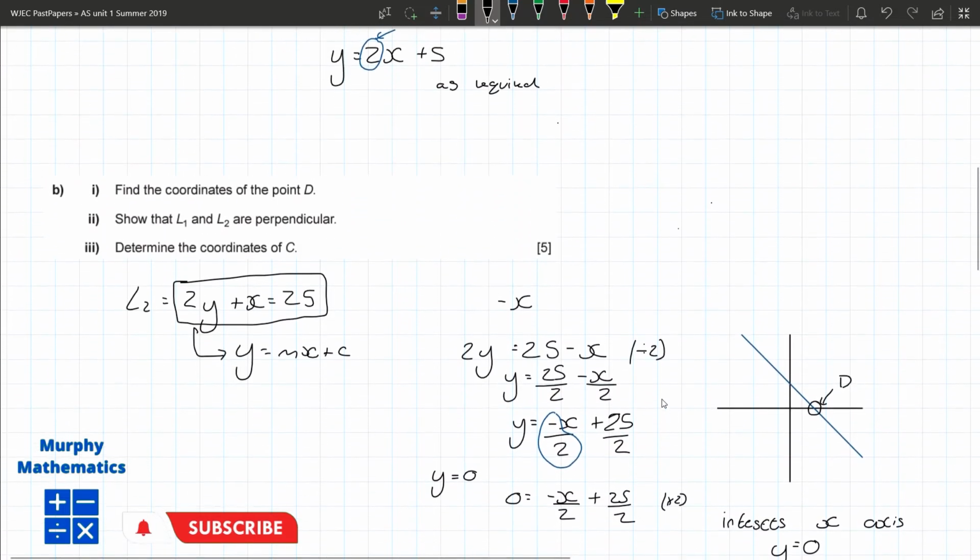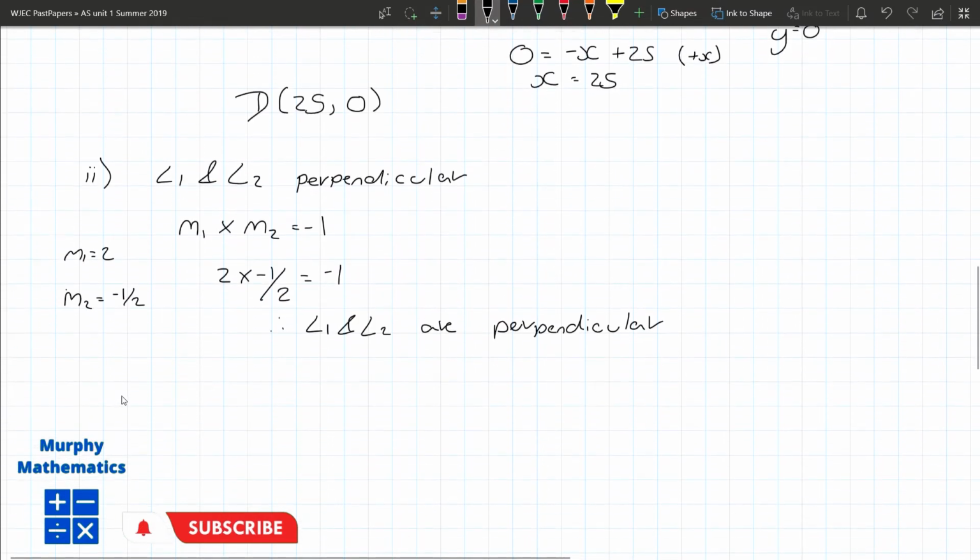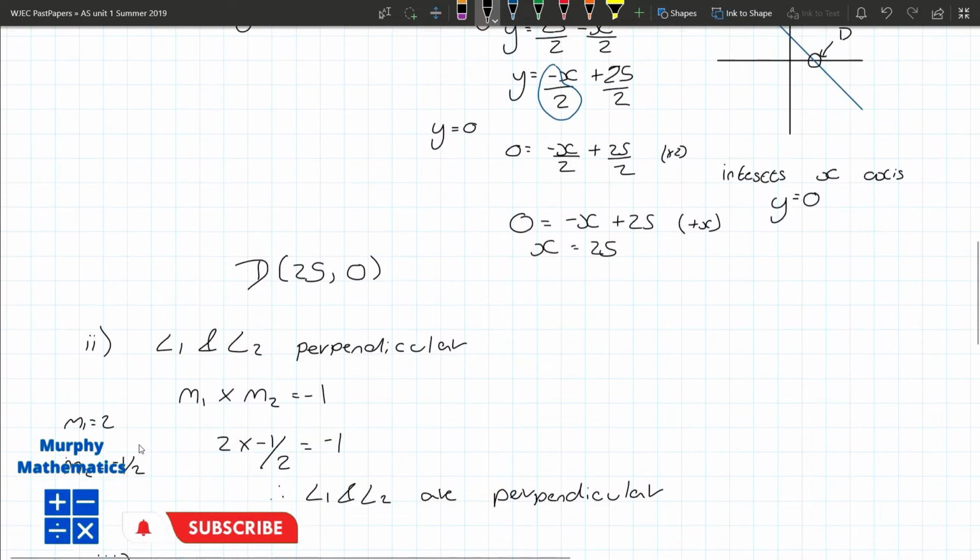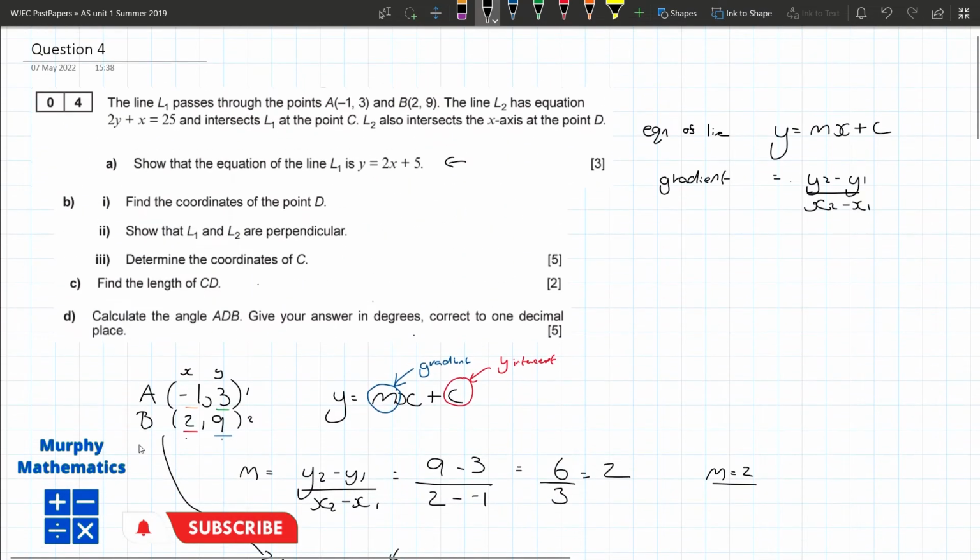Okay, so now part 3. Determine the coordinates of C. So what is C?